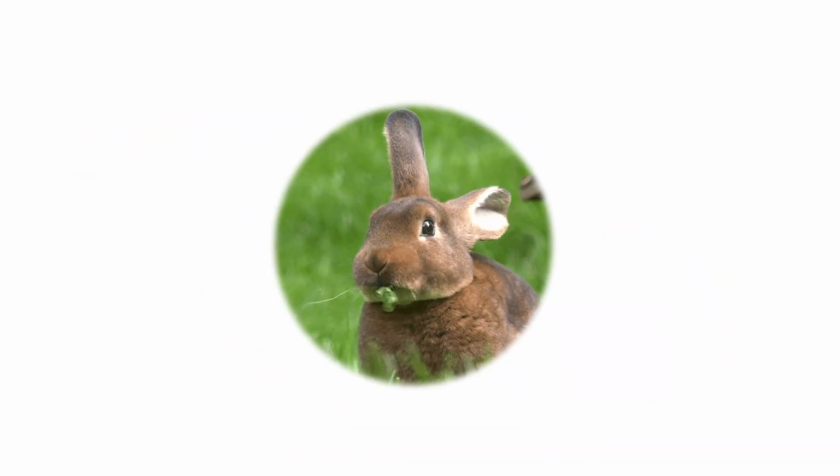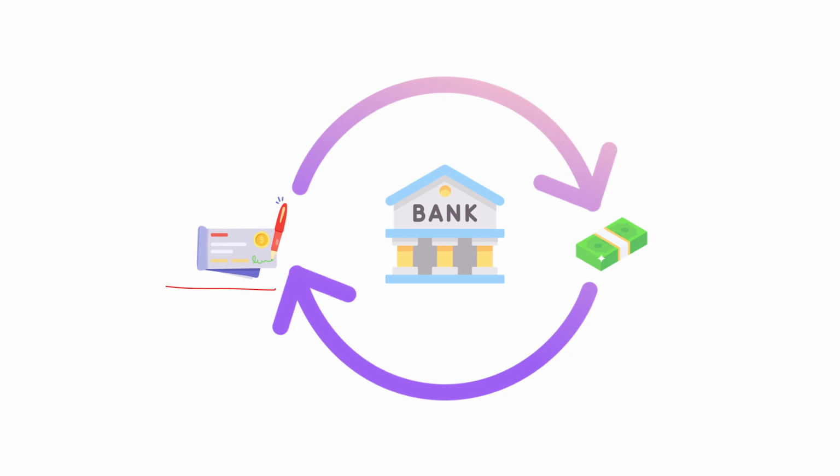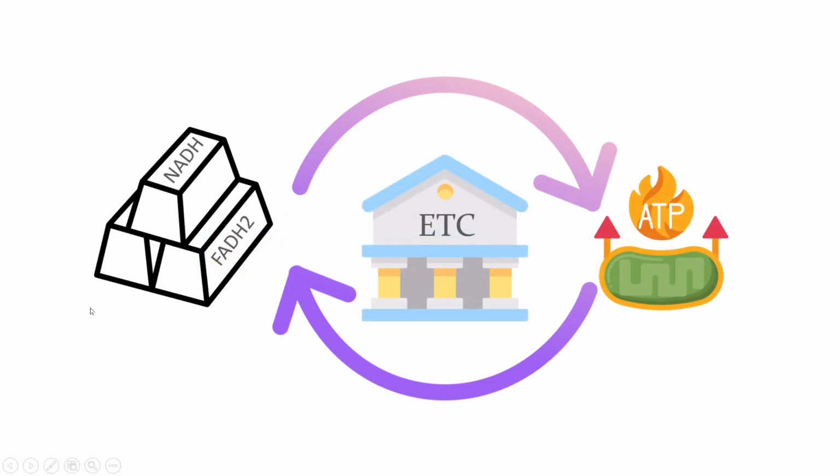A simple example of the ETS could be a scenario where you cash a check, converting your checks into cash with the help of banks. Similarly, you can convert these high energy compounds, NADH2 and FADH2, into ATP molecules.